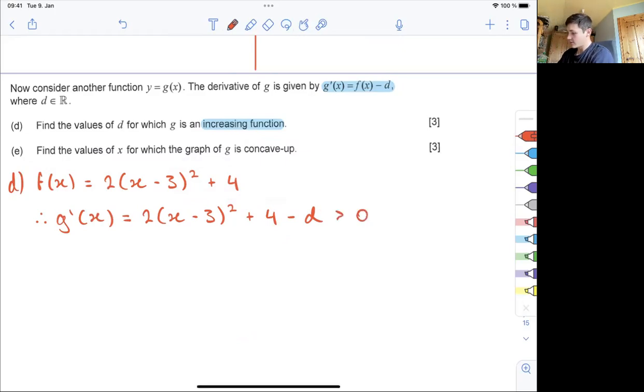And so if we go back to what we briefly talked about before with this vertex form idea, this expression here, 2 multiplied by (x minus 3) squared, is either more than or equal to 0. So that's the minimum it can take, 0.